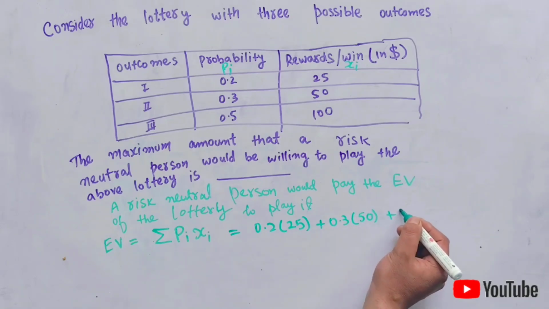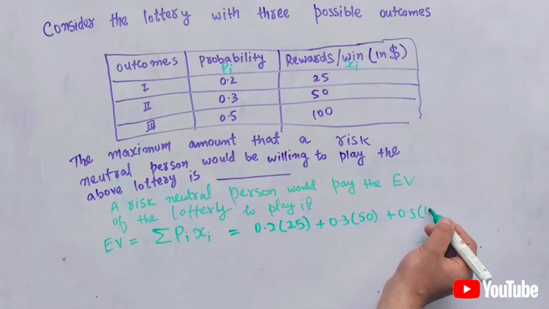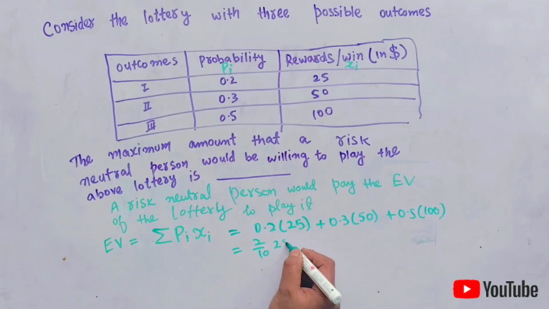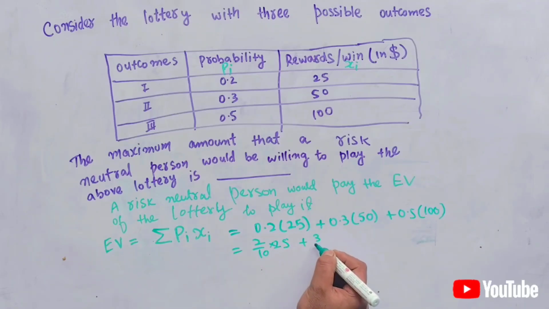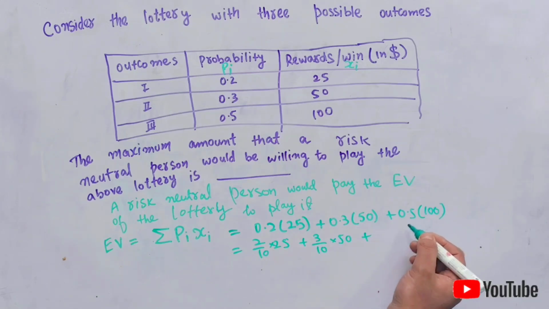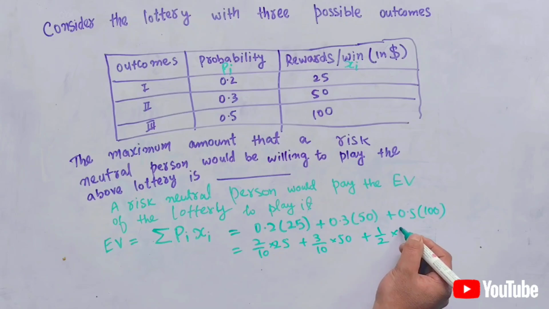plus 0.5 times the corresponding outcome, which is 100. That is equal to 2 upon 10 times 25 plus 3 upon 10 times 50 plus 1 upon 2 times 100.